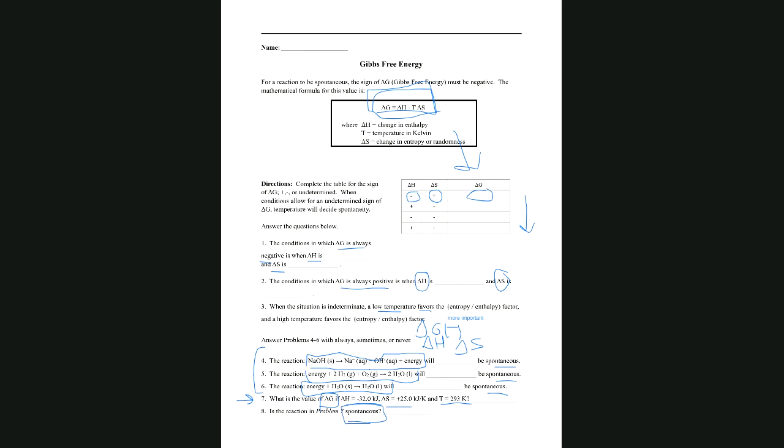And then there is one more page. And it's a similar kind of question. You're calculating the Gibbs free energy. They're giving you the enthalpy, the entropy, and the temperature, so that you'll get a number here. And then depending on whether it's negative or positive, you're going to say whether it's spontaneous or not. So does that make sense to you guys?